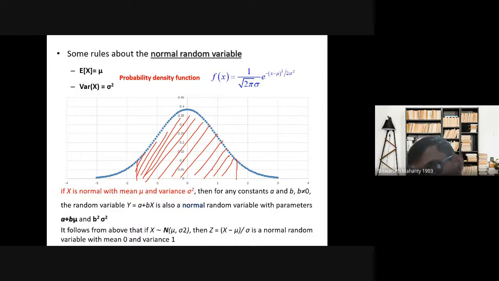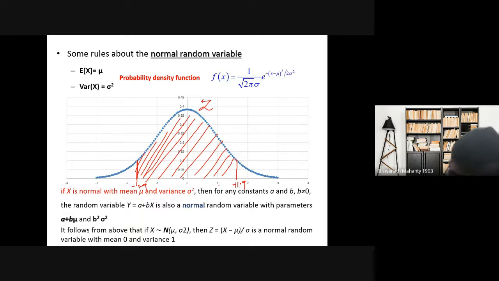Can I say that this Z, my random variable, will be within this value? For example, this is minus 1.9 and this is plus 1.9. Because I'm taking 95% of the whole area, there is a 95% chance that my values will be within minus 1.9 and plus 1.9.